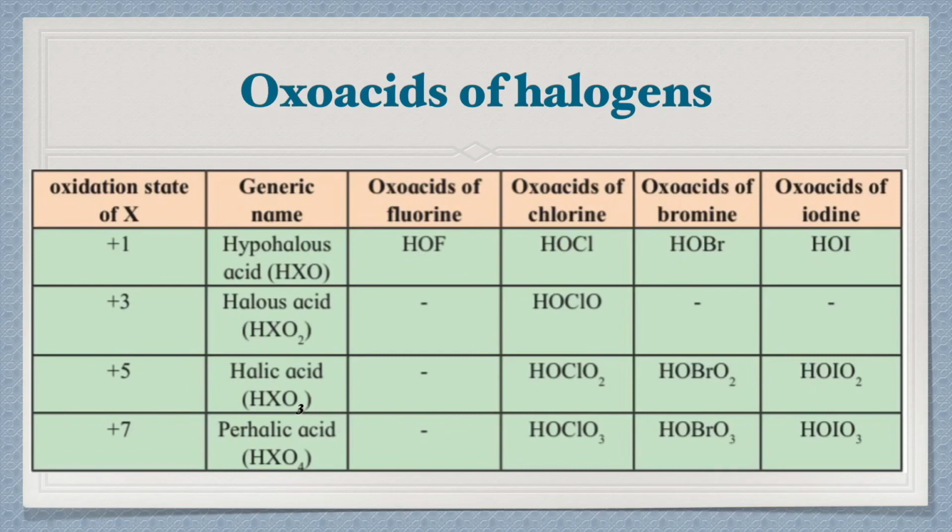If it is bromine, we call it hypobromous acid, and for iodine we call it hypoiodous acid. So like that each one will vary. So generally we are talking about halogens now. Whenever you hear hypohalous acid, the formula will be HXO. When you hear halous acid, it will be HXO2.